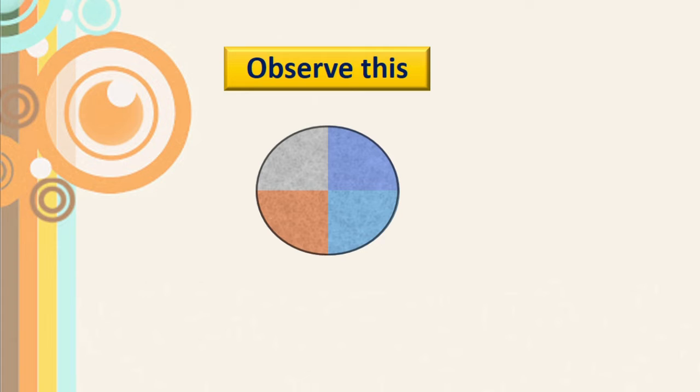Yes, we have cut this circle into four parts. Correct? Total parts are 4 and they are exactly alike. All the four parts are exactly the same in shape and size. Right?